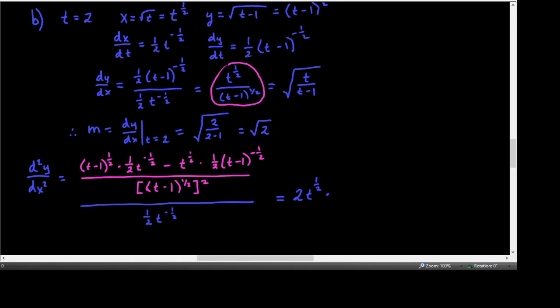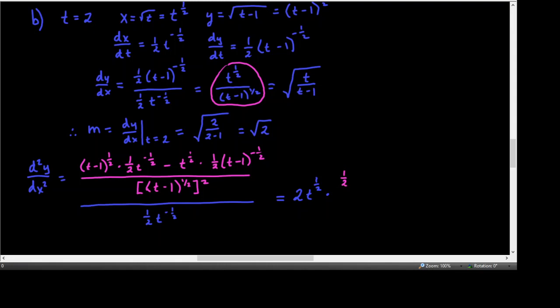So let's simplify that a little bit. Let me see, I'm thinking just a second. I want to make sure I know what I'm doing here. Okay, so what I want to do is factor that numerator that I've written in pink and look for common factors. So 1/2 is a common factor in the numerator.